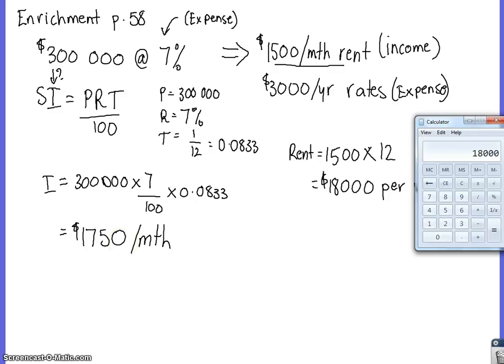All right? $1,750 every month. So that means you're paying them $21,000 every year to have this $300,000. You're paying them $21,000 each year. Okay? You're getting $18,000 back in rent.